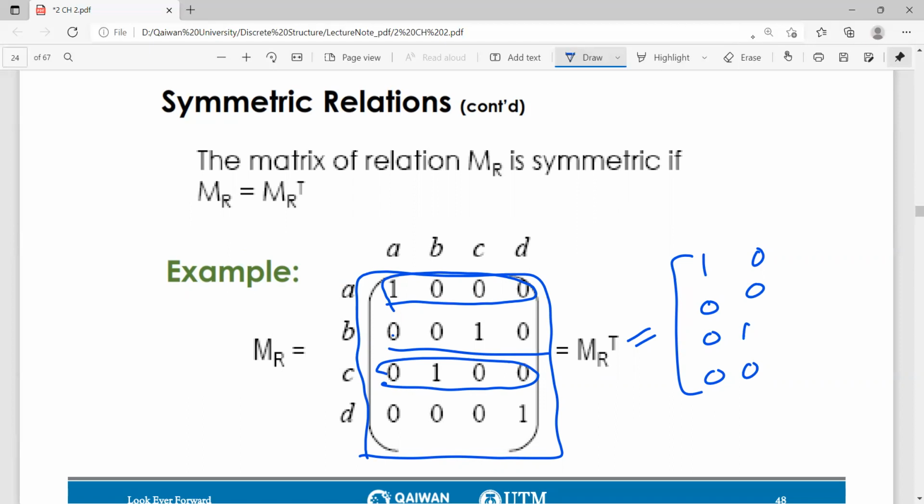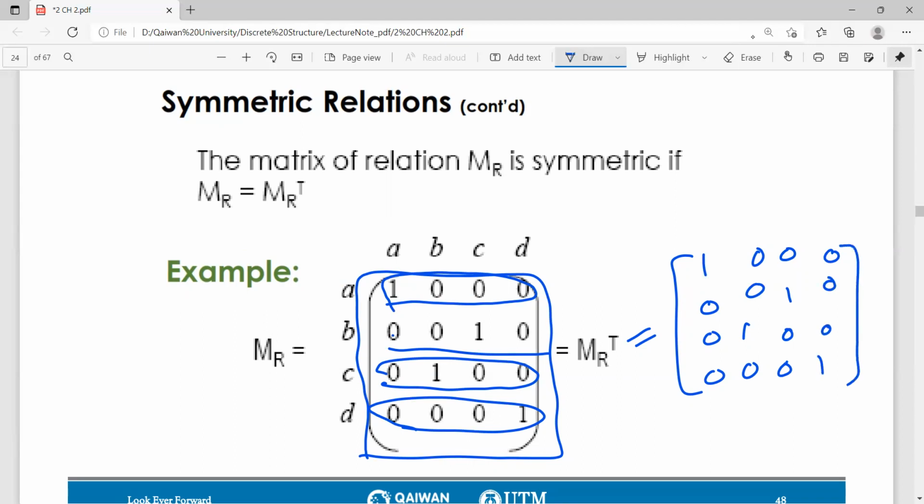We write it down vertically. And for the last one, we have 0, 0, 0, 1. We just write it down vertically and it becomes 0, 0, 0, 1.